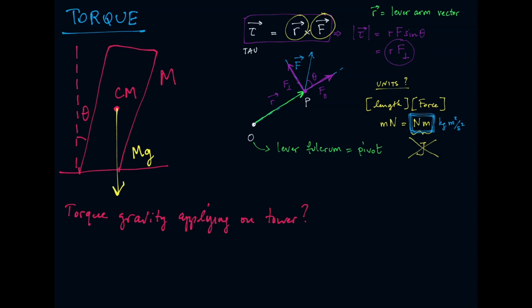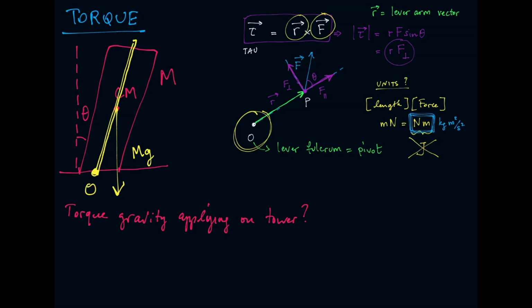And you need to specify what point you want to calculate the torque about. We need a lever fulcrum. In this case, I'm going to idealize the leaning tower as a skinny rod, and this is my origin.